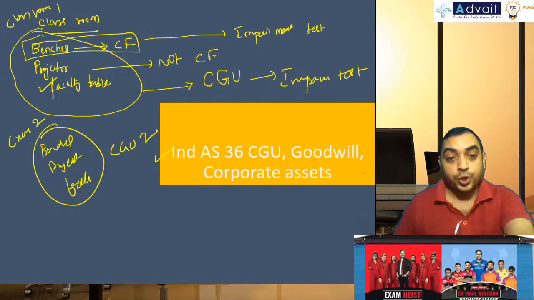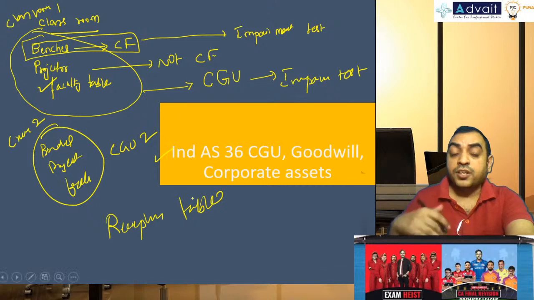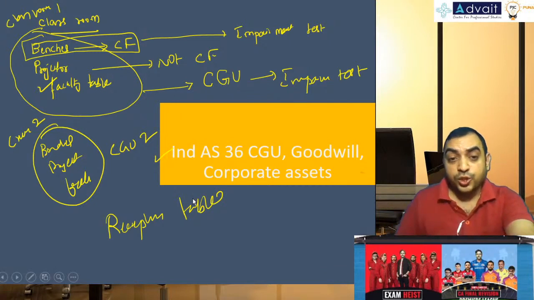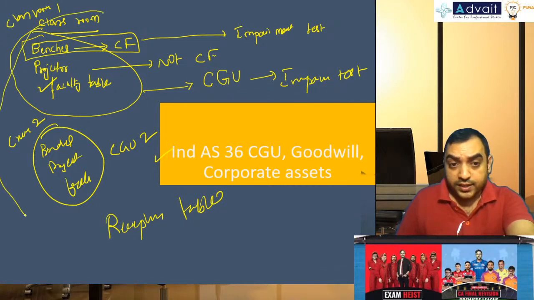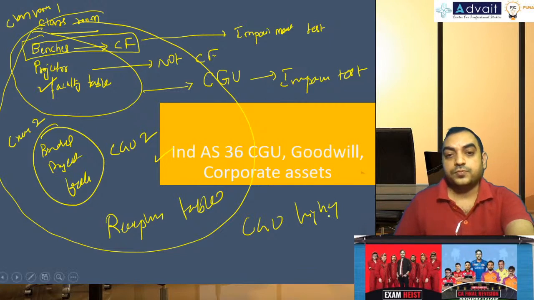This will be CGU 2. And then there is one accountant or receptionist in your premises. Now the receptionist table cannot be given to CGU 1 or CGU 2. So altogether, you call it one more CGU, a higher level CGU.